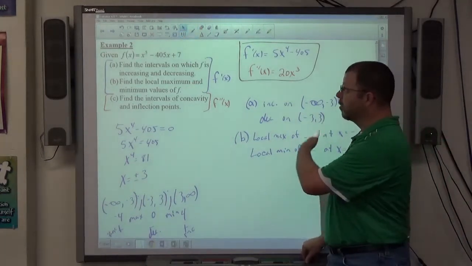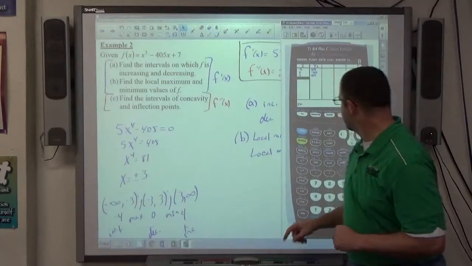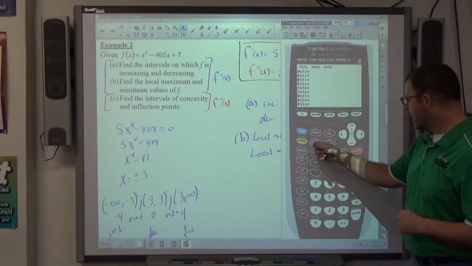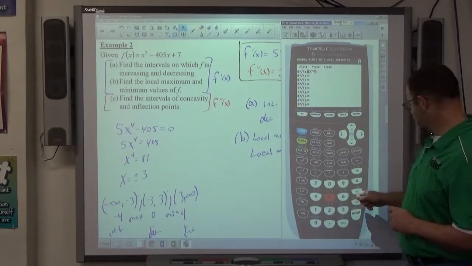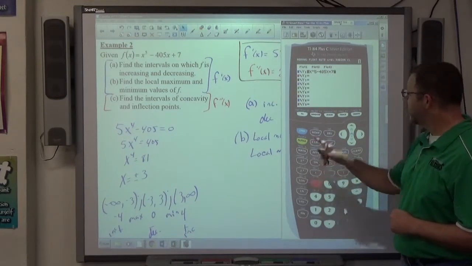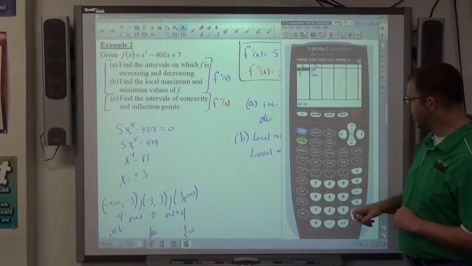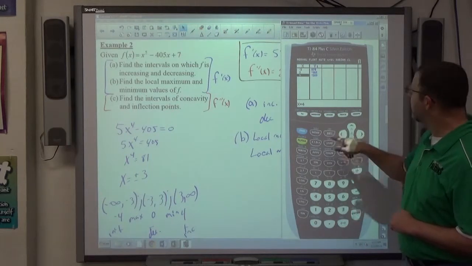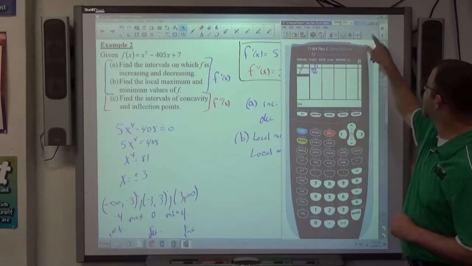To find the exact numbers there, I go back to f of x. I'm going to go y equals, I'm done using the derivative now, so I can just clear that out. X caret 5 minus 405x plus 7. Table, and I'm going to type in negative 3 and 3, 979 and negative 965.